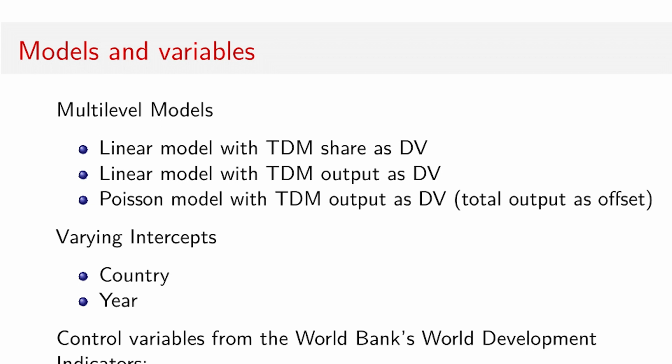Then we fitted another linear model using the total data mining output as the dependent variable. And then we fitted a Poisson model, which is specially designed to deal with count data. We also used the total amount of data mining research, but using the total scientific production as the offset variable, which is a way to control for this information.